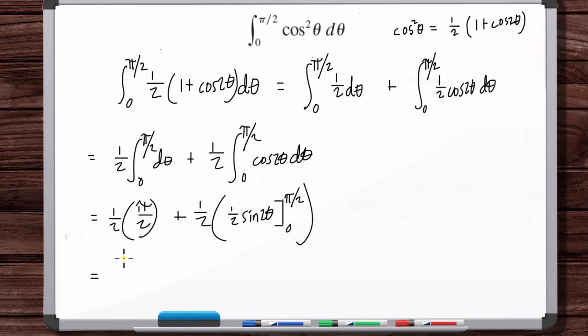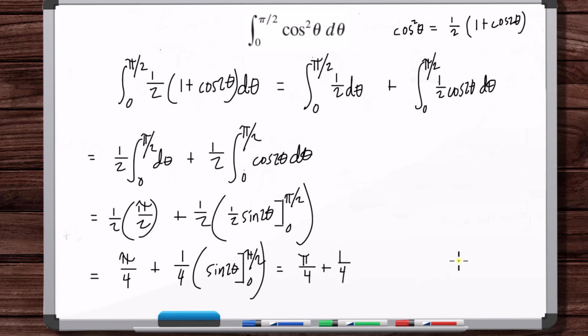So pi over 4, we could take out that 1/2. And it's just sine of 2 theta from 0 to pi over 2. Sine of 2 times pi over 2, that's sine of pi, which is 0. And then sine of 0 is 0, so this is just pi over 4.